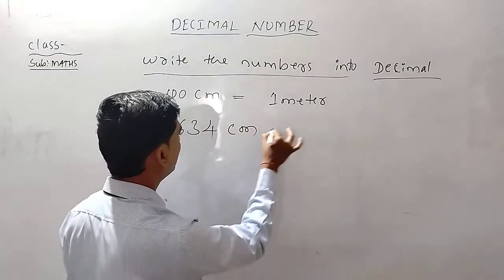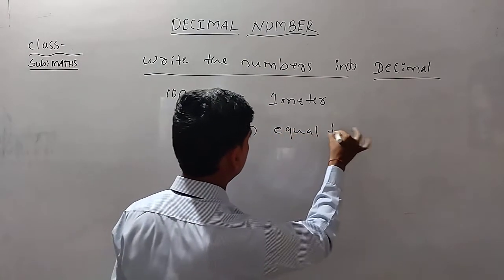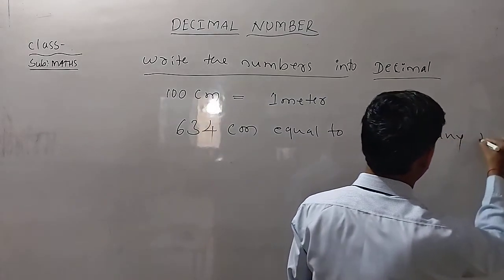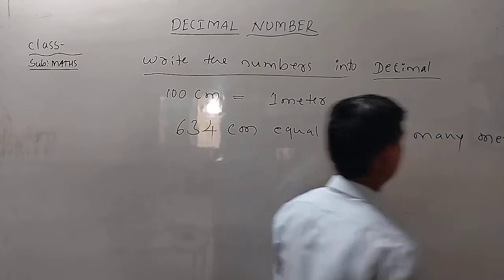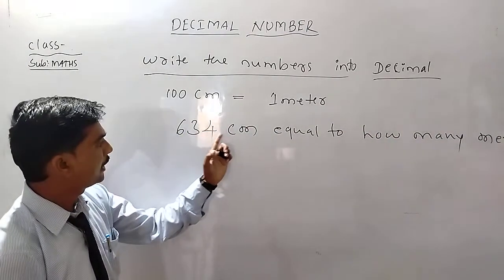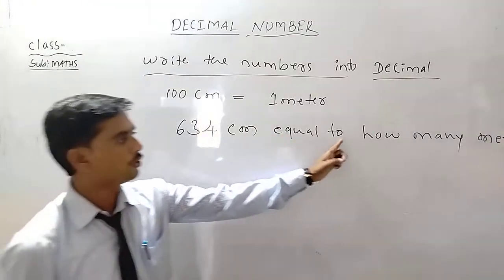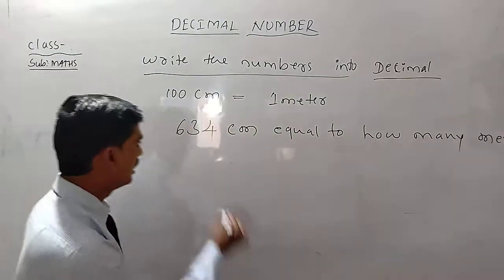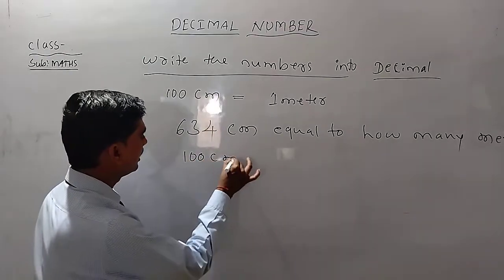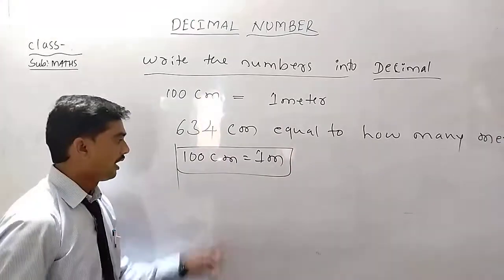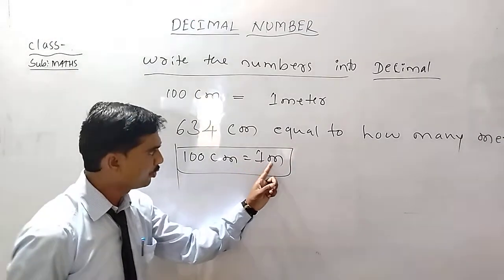634 centimeter equal to how many meter? Dear students, remember, it is very important: 100 cm equal to 1 meter. This is the clear picture.